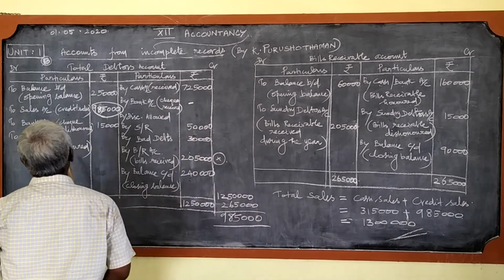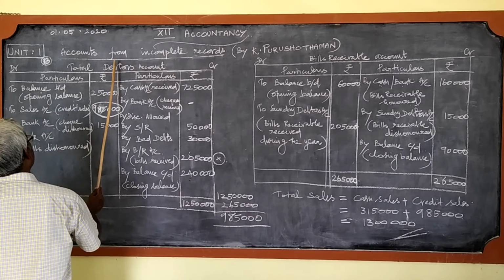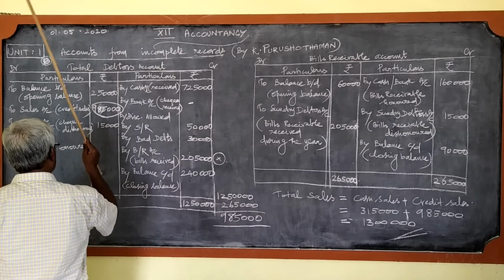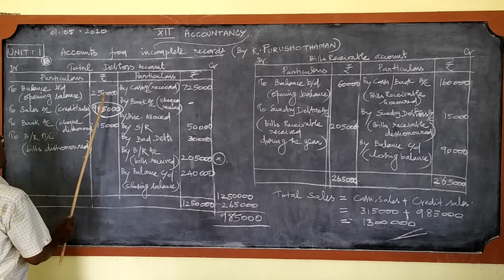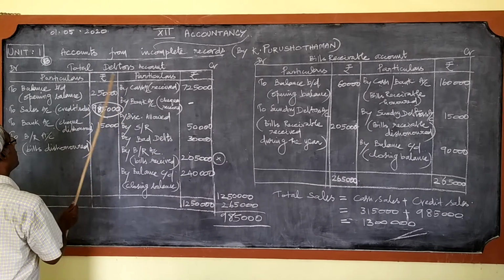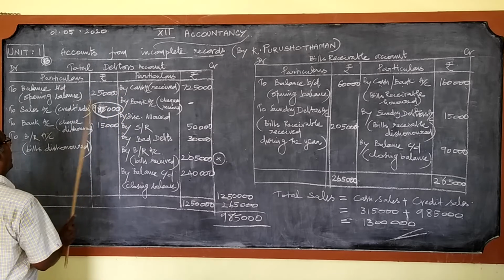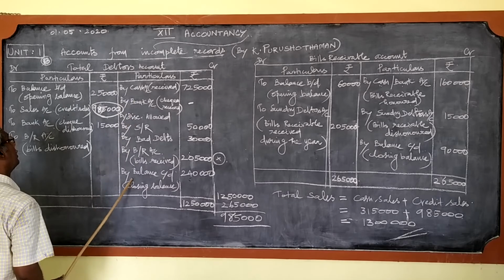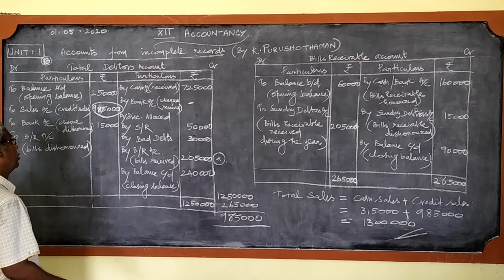To find the credit sales, we should use the format of total debtors account. We have seen this format already for problem number 11, and all these items are given in the book.